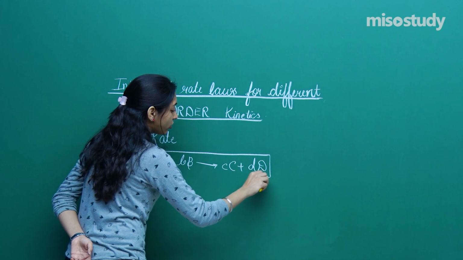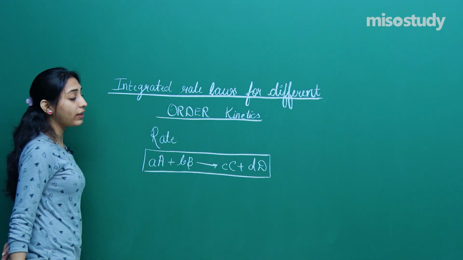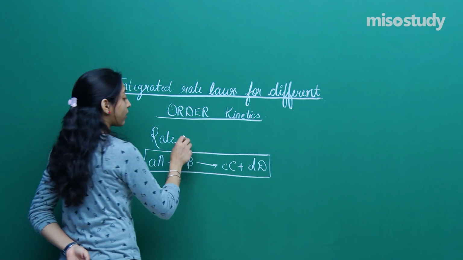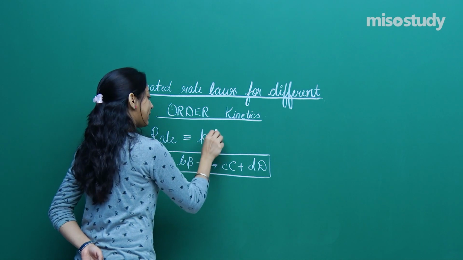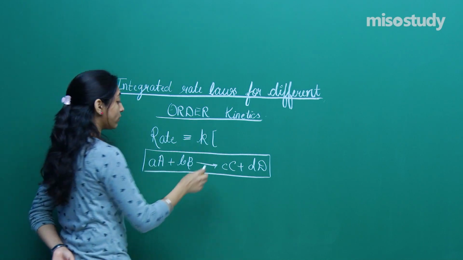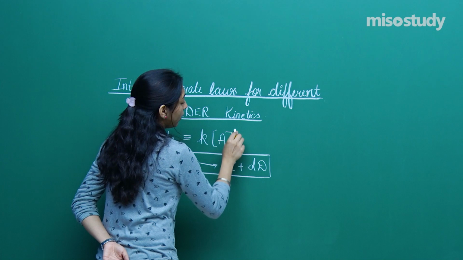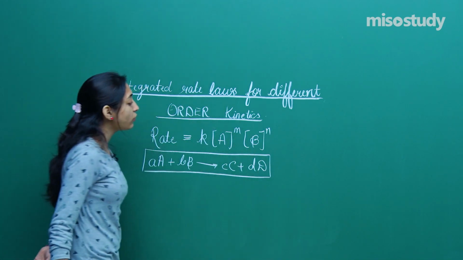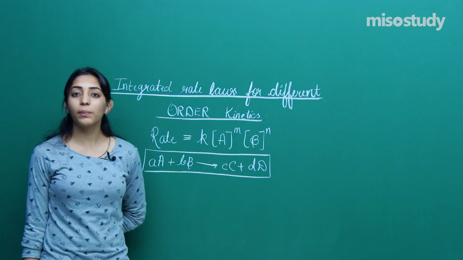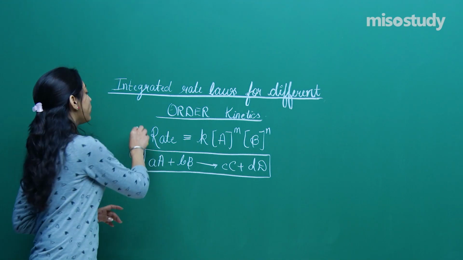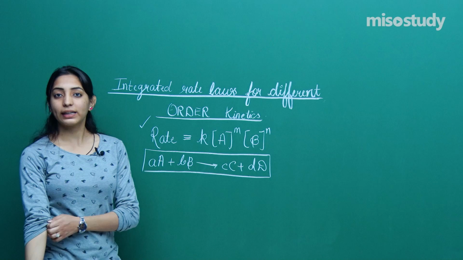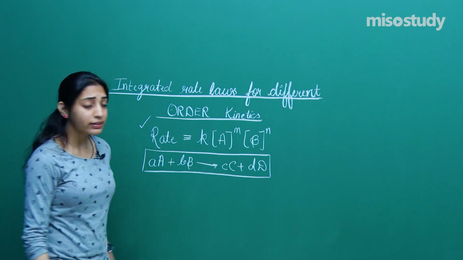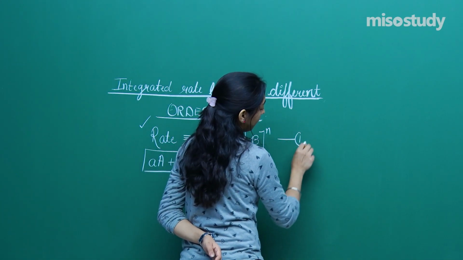That is our major reaction of concern, and we write the rate of this reaction as equal to K times the concentration of A raised to some power m, the concentration of B raised to some power n, right? So this is how we write the rate law expression.